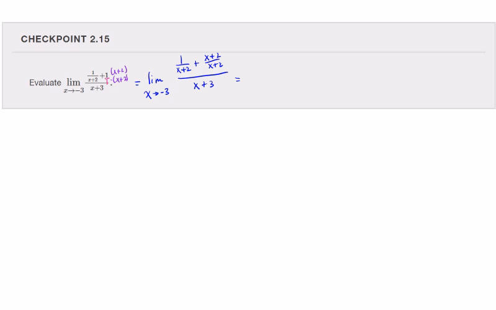All right, and so now I can combine this, and we can do some of this work just up here so we don't have to rewrite everything again. But what we'll have is, now that we have this common denominator, we can combine 1 plus x plus 2, right? So I'm combining the numerators all over x plus 2, right? And so basically, just like we do with all fractions, once we get a common denominator, we combine them, the denominator stays the same, and then the numerators we just add or subtract, or combine like terms.